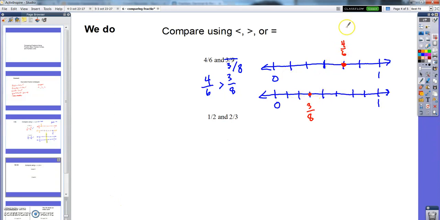And I can see, remember I said on a number line, numbers are greater in this direction and less in this direction. And I can tell 3/8 is definitely less than 4/6. So we did that right.